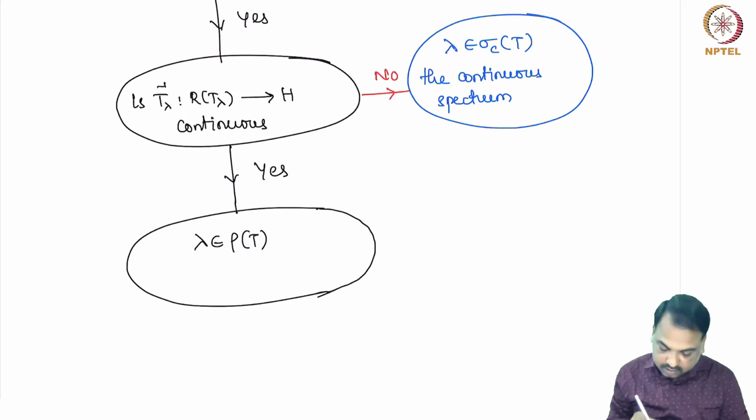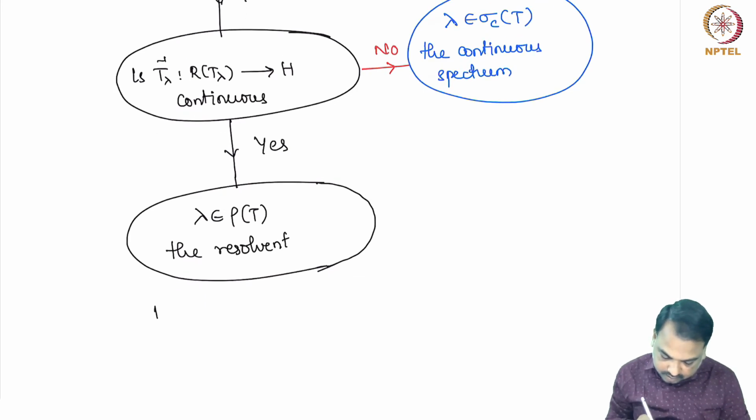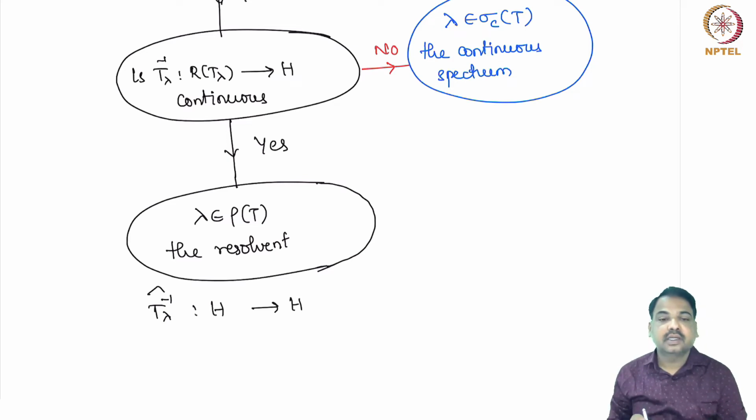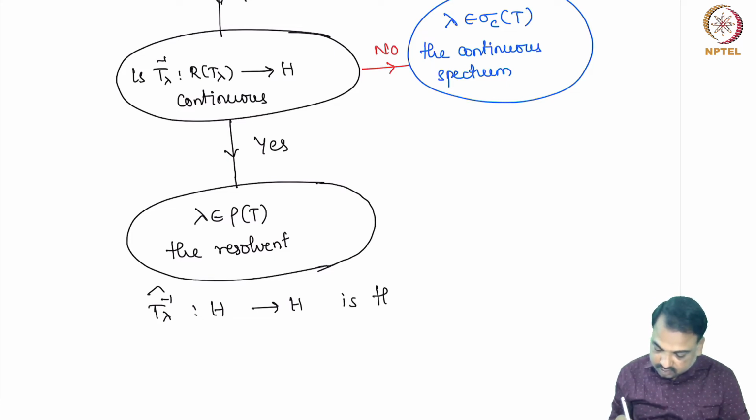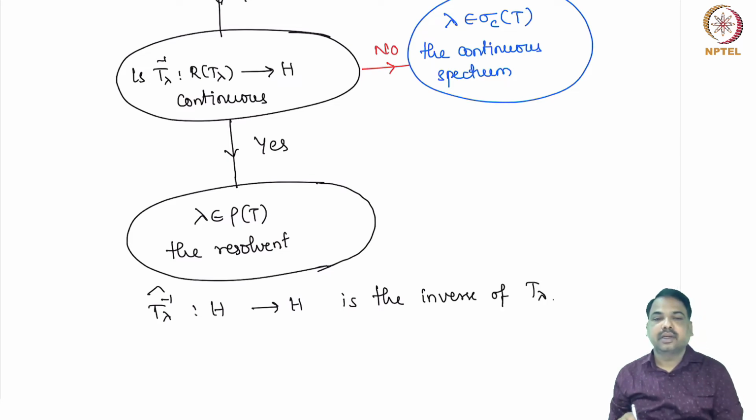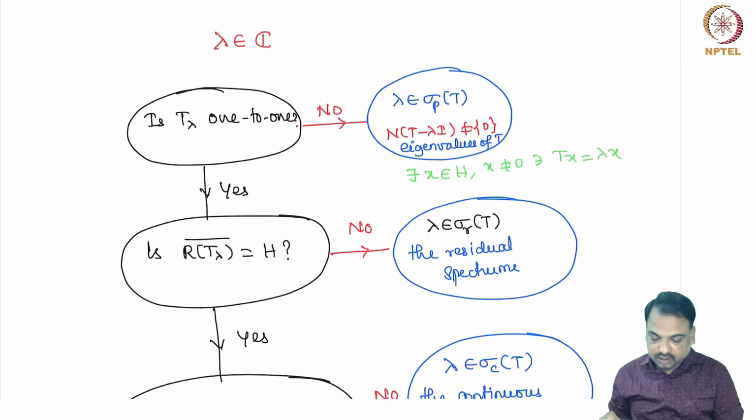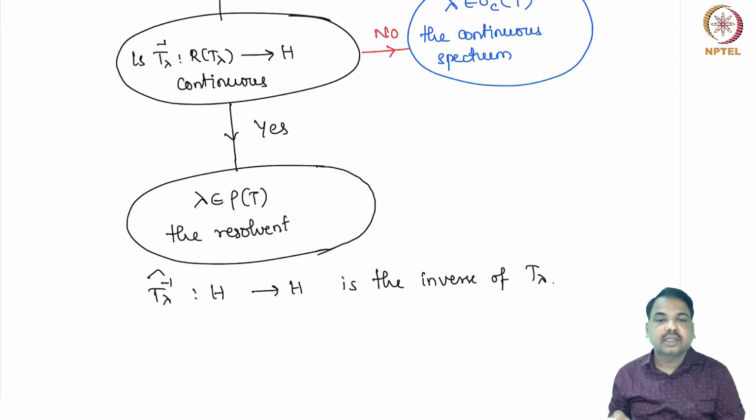Okay, so this is the resolvent set. Because we can use the earlier lemma that T lambda inverse can be extended to the full space uniquely, and this serves as an inverse of T lambda. Okay, so this is the classification of the spectrum.